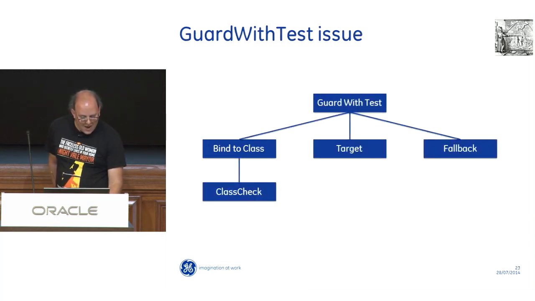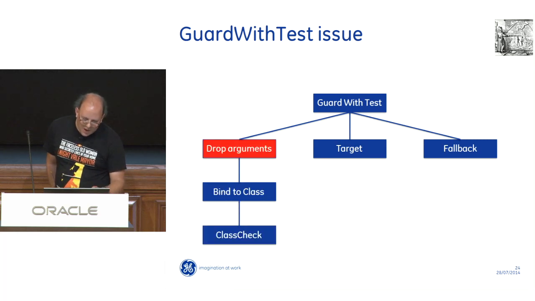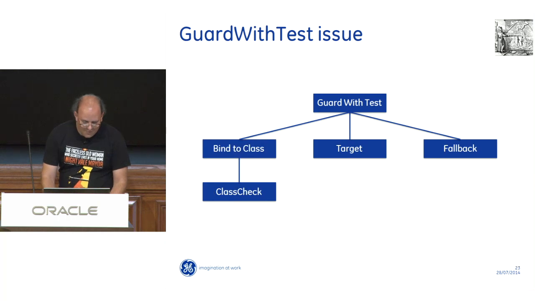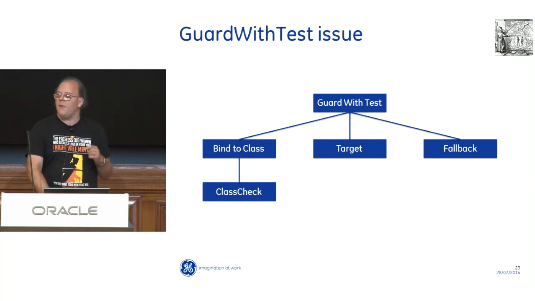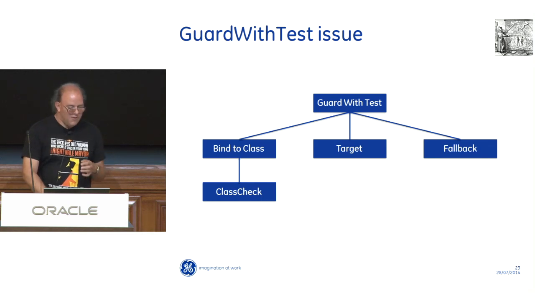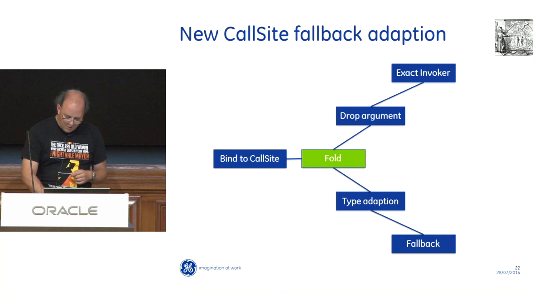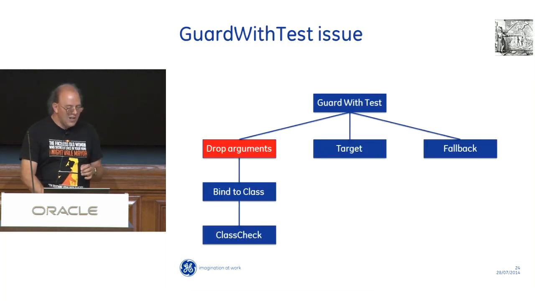Similarly, with guard with test, we have class checking for our guard with test chains. You're binding the checker to the class that you're checking for, and you're combining it with guard with test. Internally, that puts some drop arguments that you may not be aware of, which don't work well with caching.